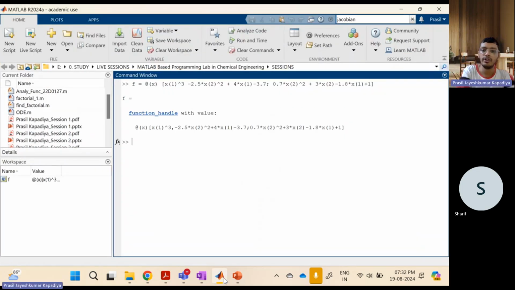So these are my two equations. Now I need to solve these two equations using fsolve command. So I'll be writing fsolve, my equation f, comma, initial guess is told to us as 0, 0.